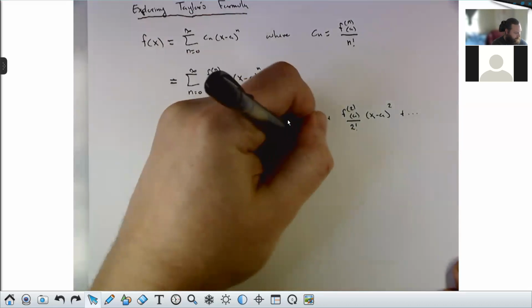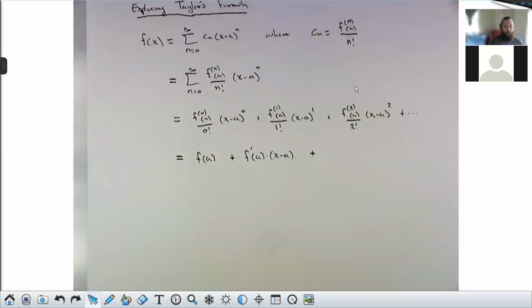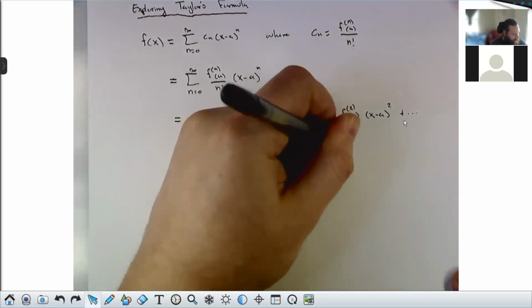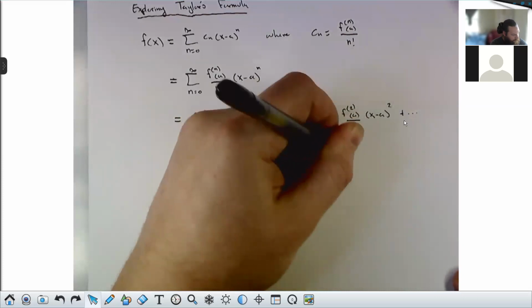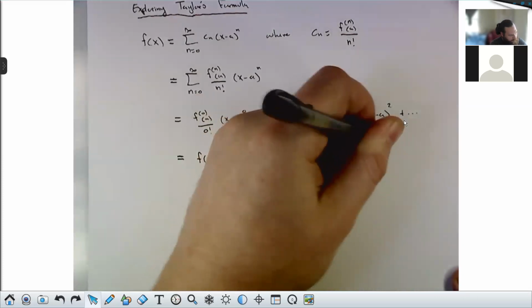Plus. This is f superscript 2 of a. That means that's the second derivative of f evaluated at a divided by 2 factorial times (x minus a) squared. So I can write that as f double prime of a over 2 factorial, which is 2, times (x minus a) squared.